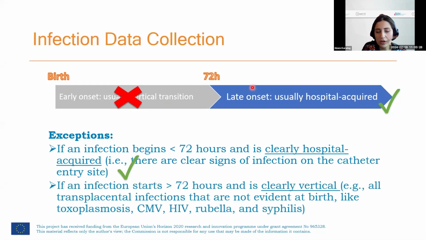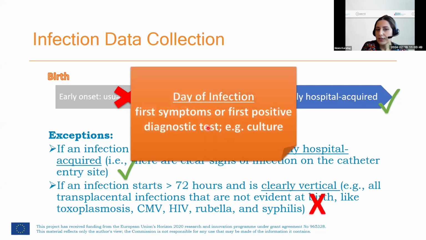And the other way around, if an infection starts late, after 72 hours, but is clearly vertical, for example infections caused by toxoplasmosis, rubella, etc., you don't have to submit this infection as a hospital-acquired infection.